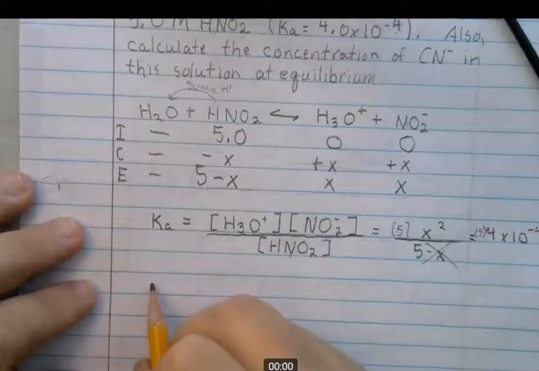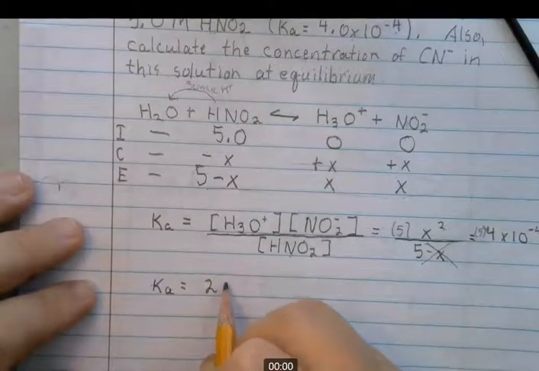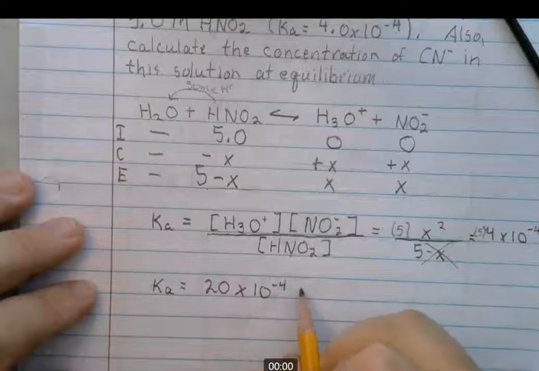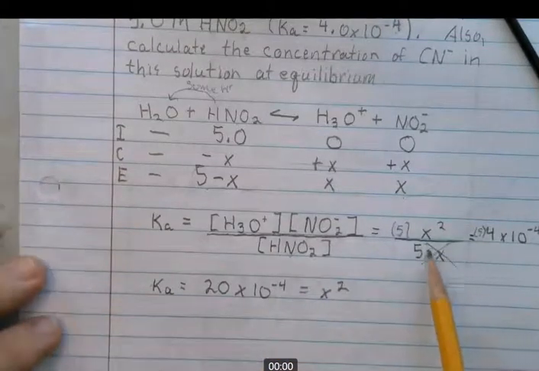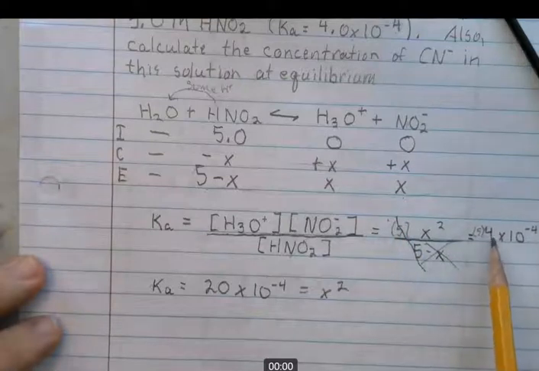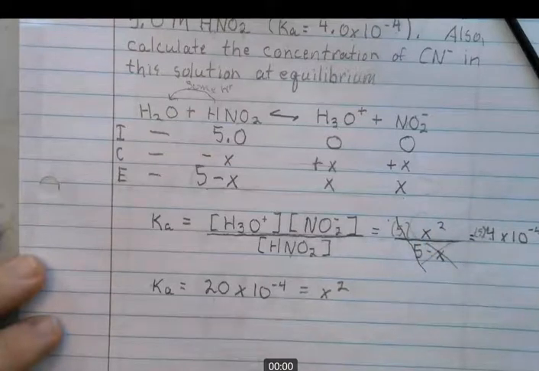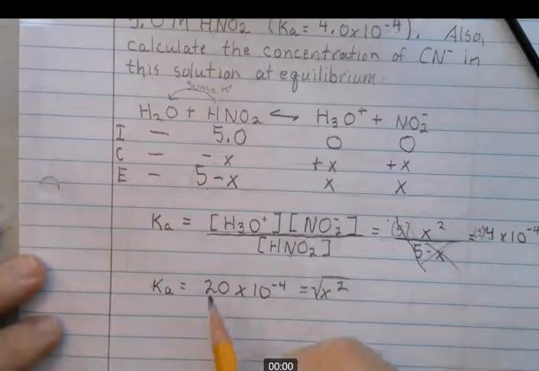So that's going to become 20 times 10 to the minus 4 equals X squared. Okay, 5's cancel out there. 5 times 4 became 20 right there. And then that leaves the X squared on that side of the equation. I flipped the sides around, doesn't matter. Now you take the square root of both sides.